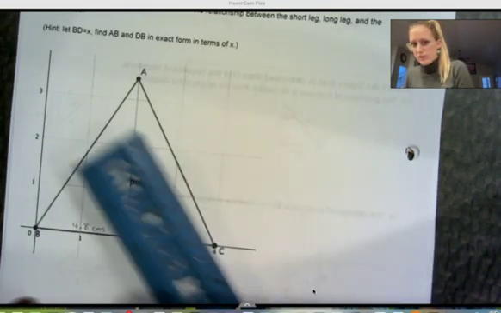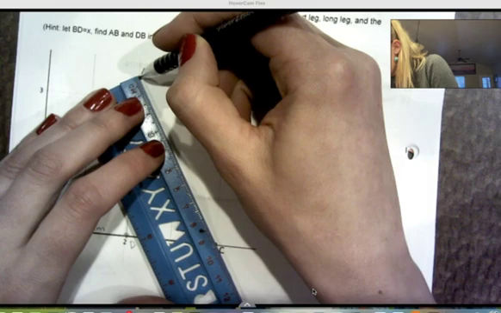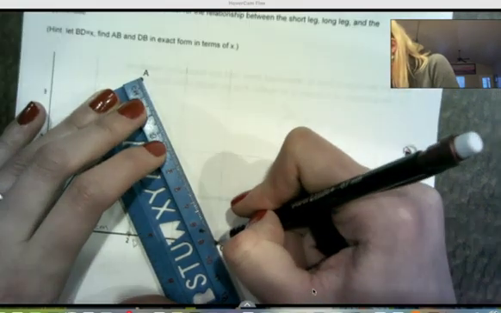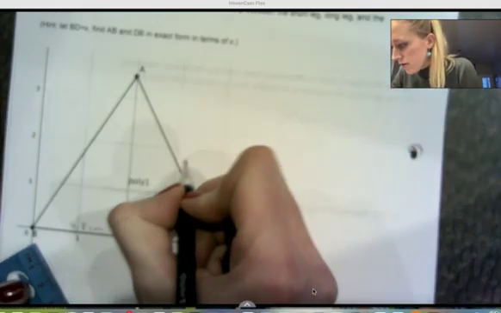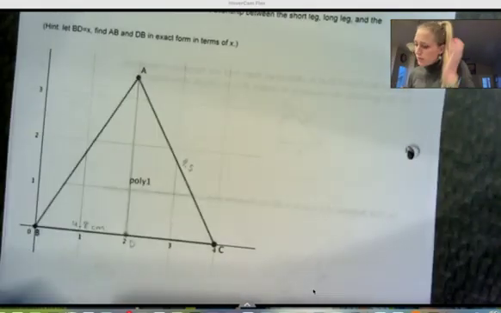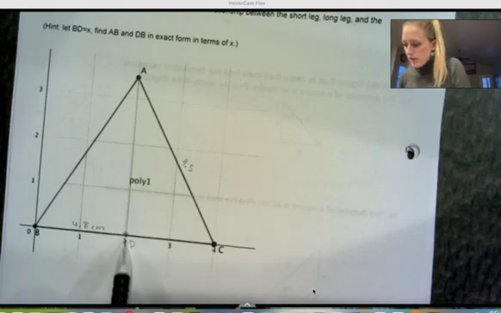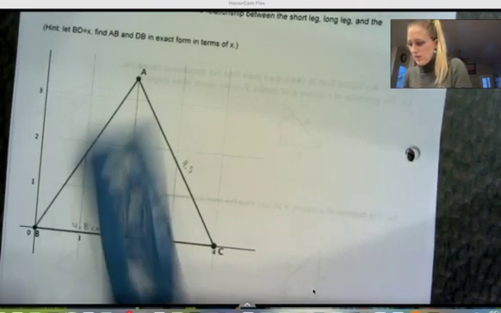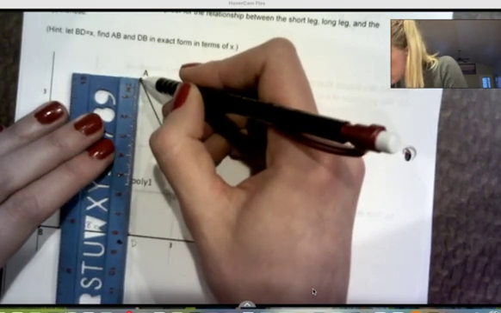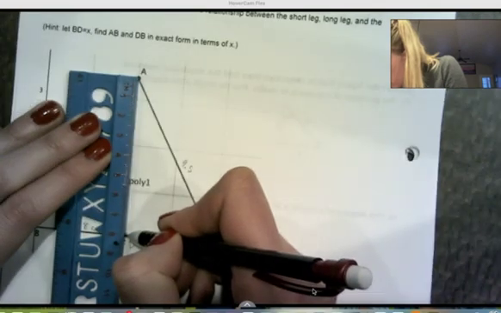Okay, so now if I do one of these sides, I'm getting about 9.5, which is pretty close. And then let's see, AD, it's about 8.1 or 8.2.